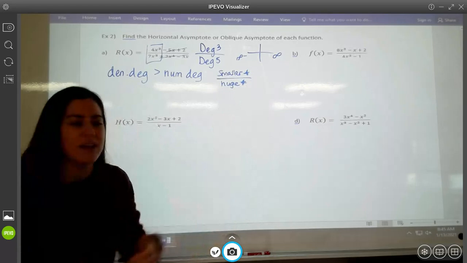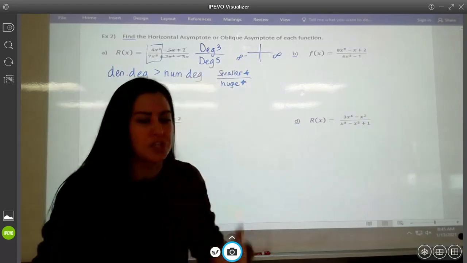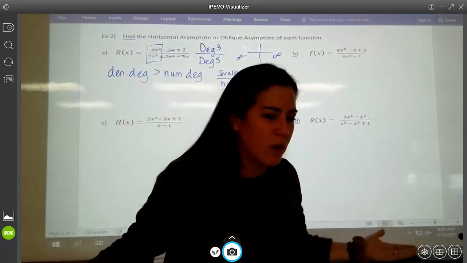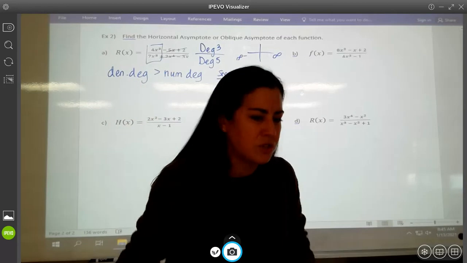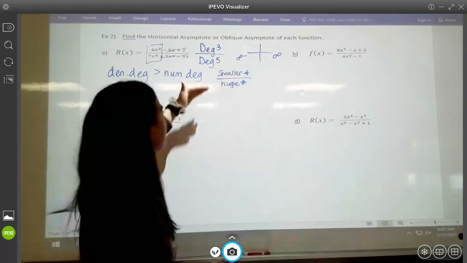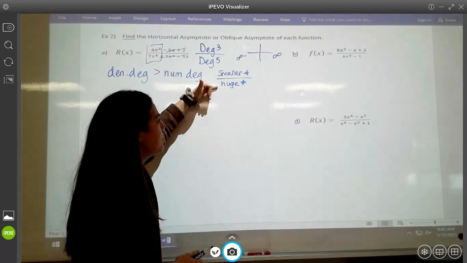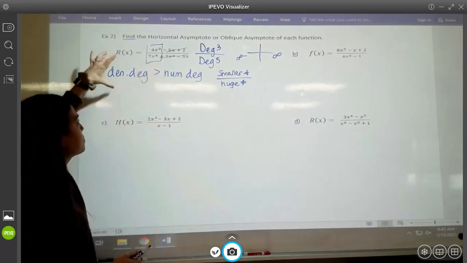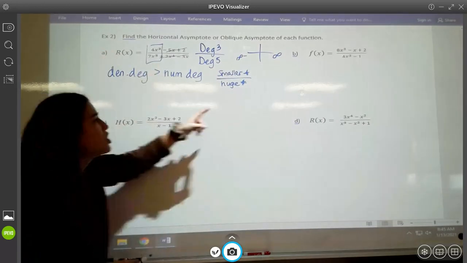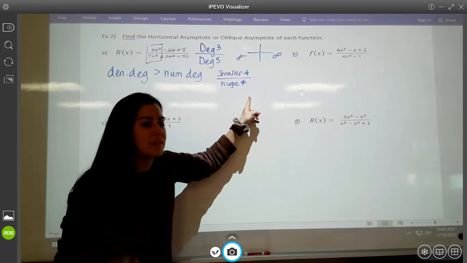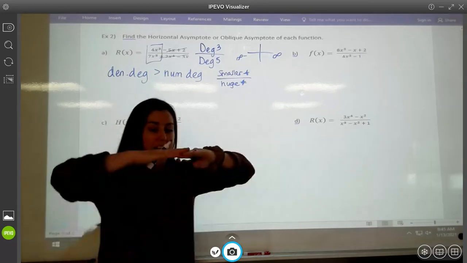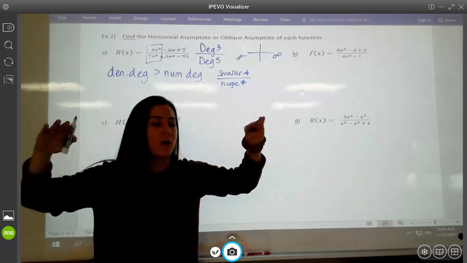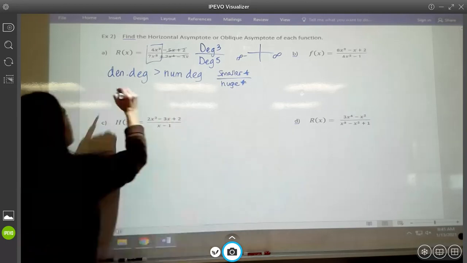And guys, if you take a smaller number and divide it by a huge number, take 1 and divide it by a million, it's like 0.000000000. So when you take a small number and divide it by a huge number, and that's what's going to happen every single time the denominator's degree is bigger, you're going to head towards the Y values becoming 0. So that means you're going to have an HA at the x-axis where Y equals 0.